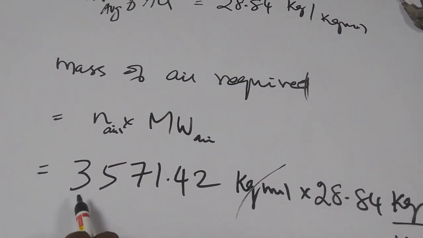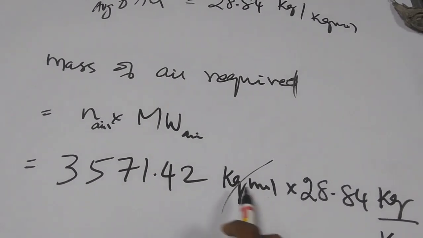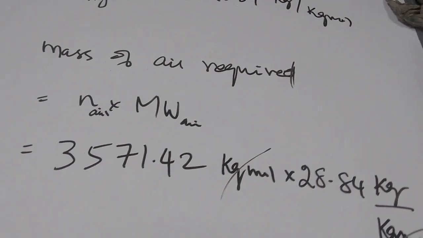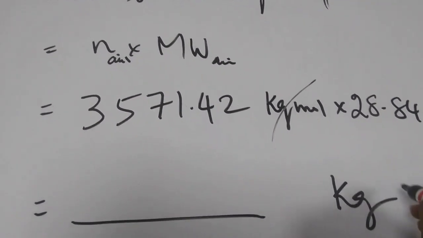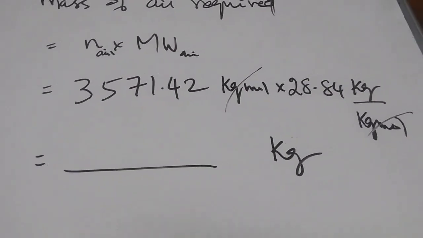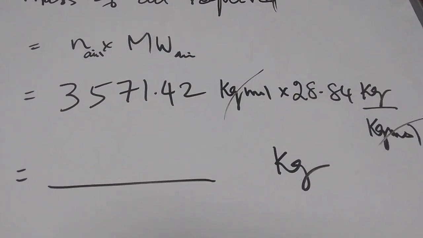Therefore, use your calculator: 3571.42 into 28.84 is this much kg we get. Okay, please use your calculator. So how much did you get?